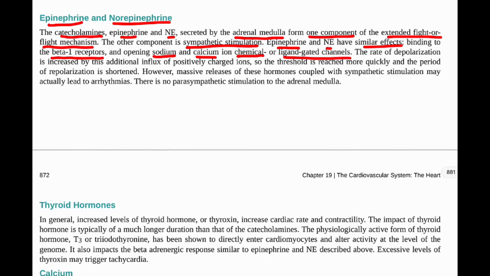The beta-1 receptors are going to be opening up those sodium channels to allow that influx of sodium that's going to bring us up to that sharp rise in our action potential, doing the depolarization. And then remember, calcium is part of our plateau, so calcium ion is important during that plateau period to allow our ventricles to fill up before we then repolarize.